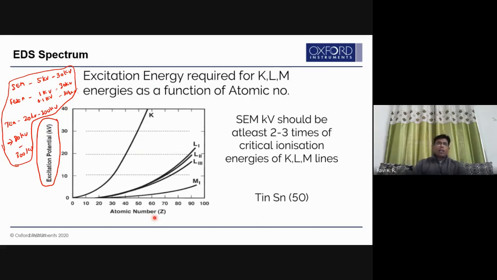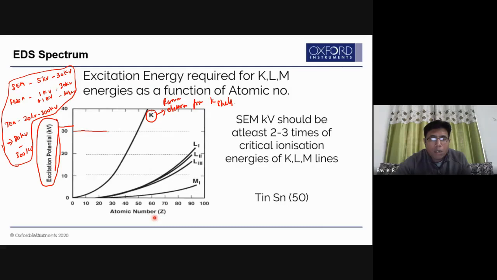Now you look at it. Excitation means basically removing an electron from the K shell. If we want to remove an electron from the K shell, you need this much energy. Let's say 30 kV is the upper limit for SEM.